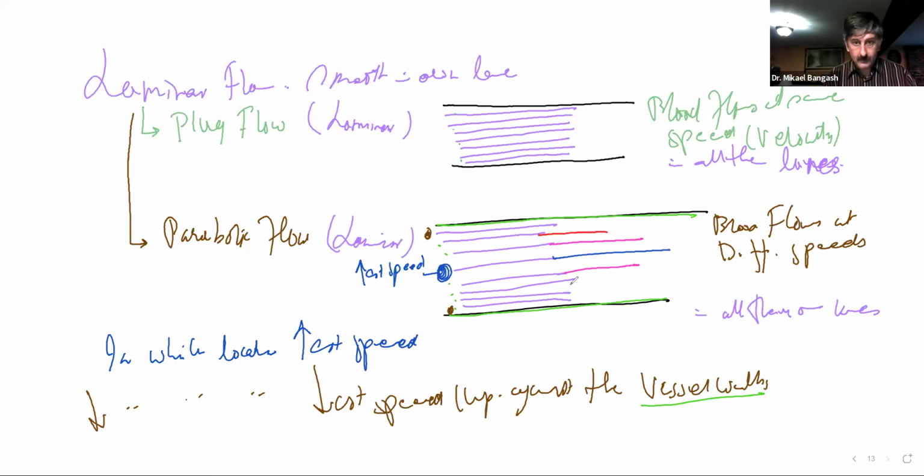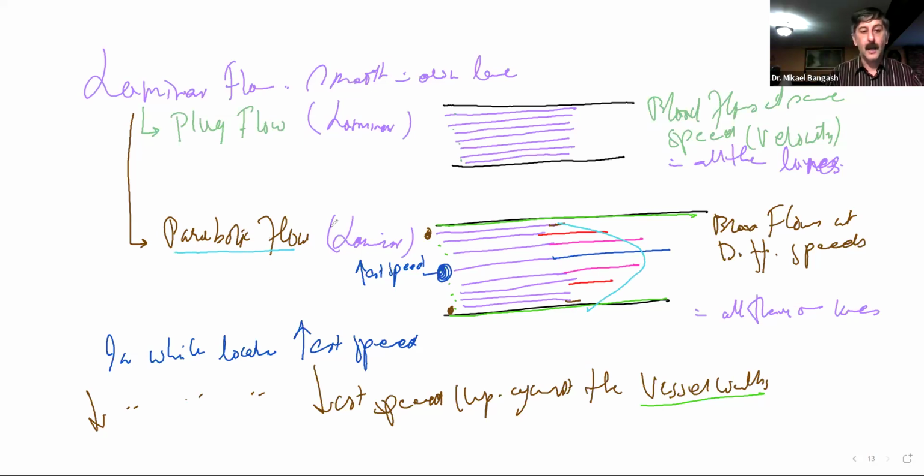This and this here would be even slower, and then, it's not really in the middle, but these here would have been the slowest. So what this mainly does is form parabolic flow. Did you guys get that?